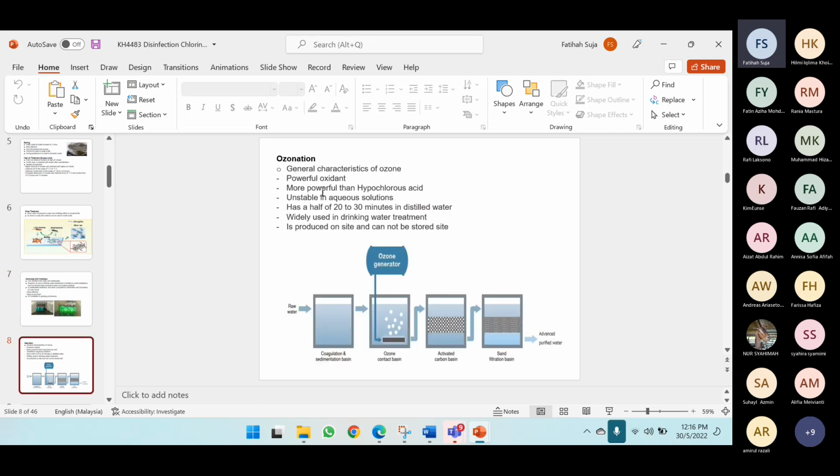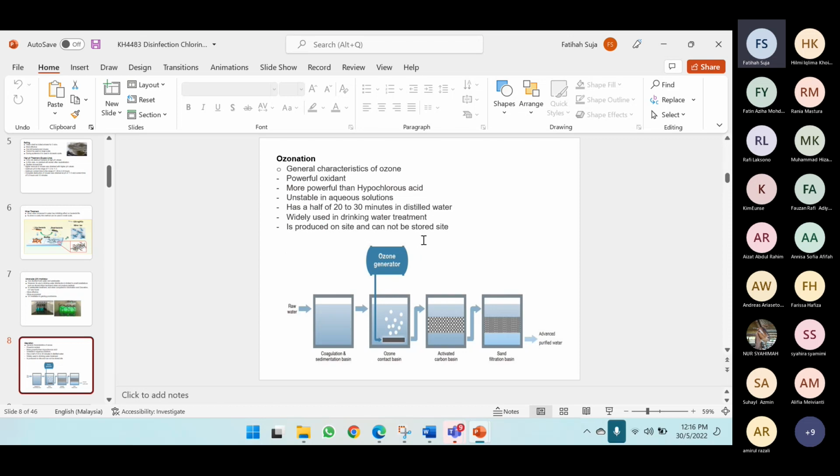Okay, ozonation is also a chemical treatment. General characteristics of ozone: it's a powerful oxidant, more powerful than hypochlorous acid, which is from chlorination. Unstable in aqueous solution, it has a half-life of 20 to 30 minutes in distilled water. Widely used in drinking water treatment, it is produced on site and cannot be stored.